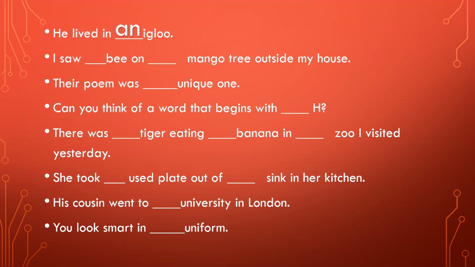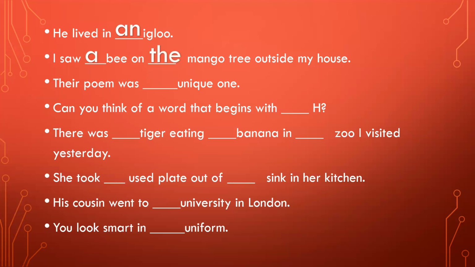What about the second one? I saw dash bee on dash mango tree outside my house. I hope you're paying very careful attention to that sentence. Are we talking about a particular bee or not? Are we talking about a particular mango tree or not? What do you think? I saw a bee on the mango tree outside my house.